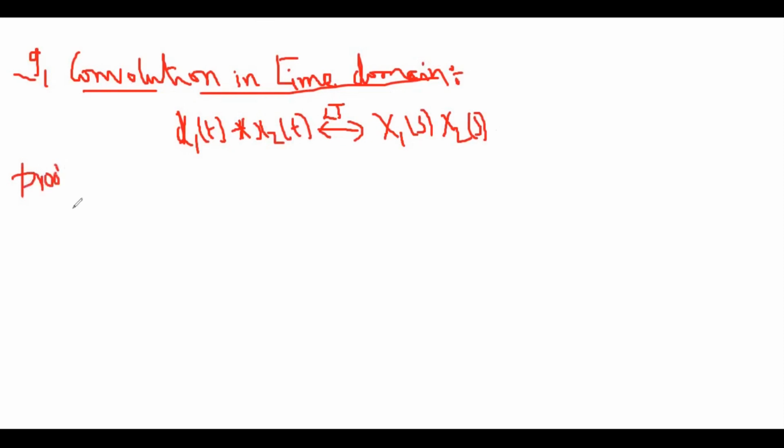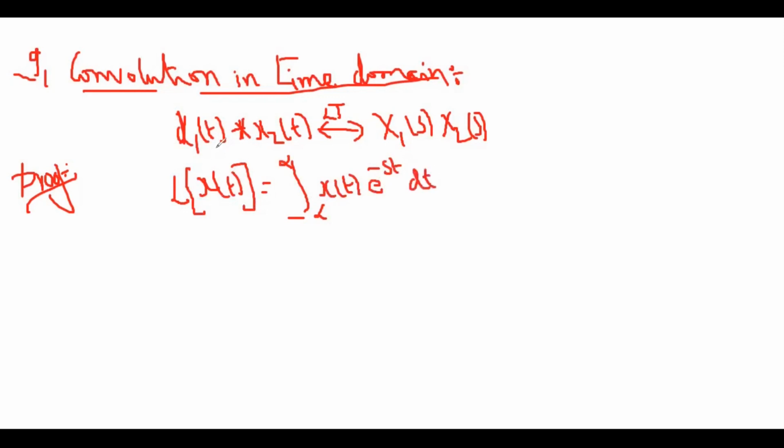Proof. On the definition of the Laplace transformation, the Laplace transformation of x of t is equal to the integral from minus infinity to infinity of x of t e power minus st dt.